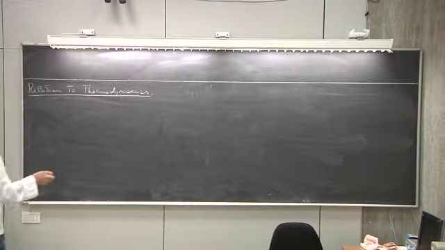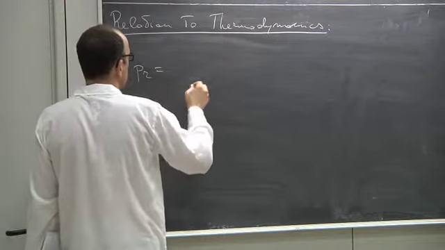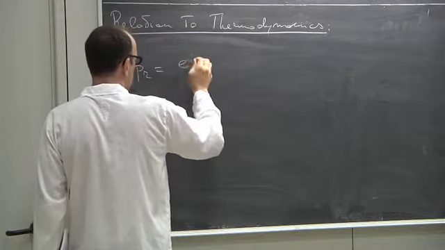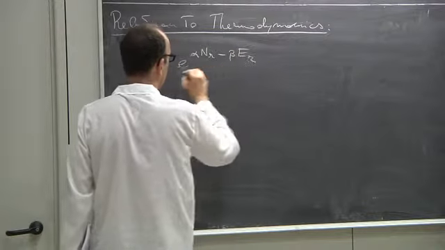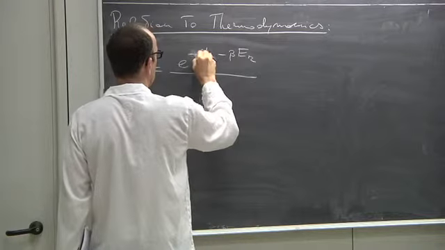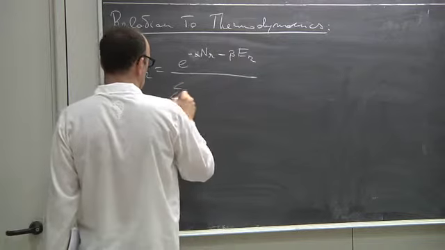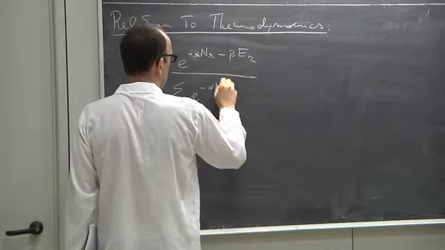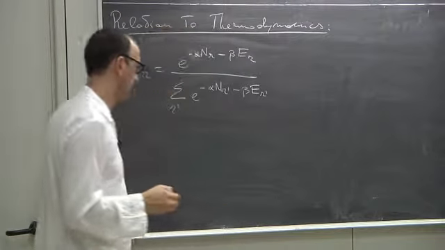Okay, so we have seen that the probability of a state r is equal to e to the minus alpha n_r minus beta E_r, divided, actually let me take, as in the book, minus alpha also here, by the sum over r prime of e to the minus alpha n_r prime minus beta E_r prime.